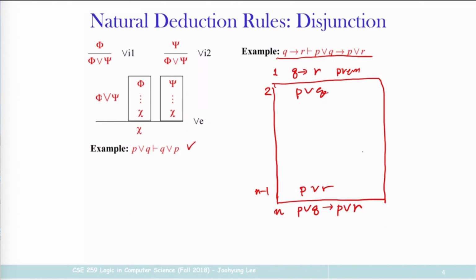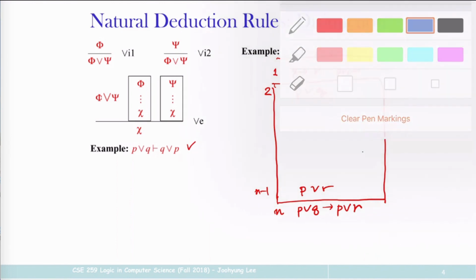Now the difficult part here is how do we go from lines 1 and 2 to line n minus 1? This is the challenging part. Let me just jump ahead and I will give you the structure.